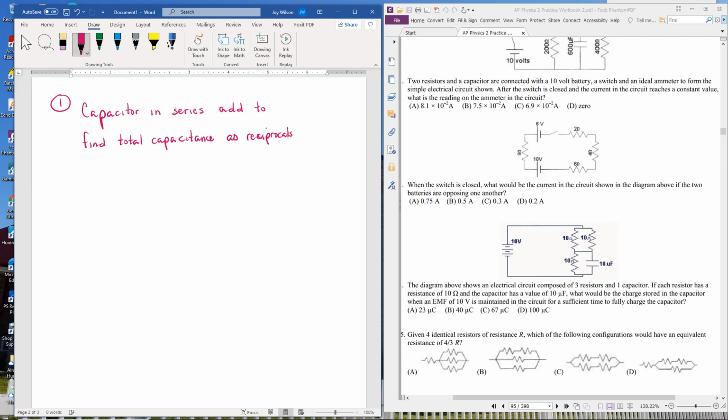Which is exactly the opposite of what a resistor does. So if you have a series circuit, the total capacitance is equal to 1 over capacitor 1 plus 1 over capacitor 2 plus 1 over 3 and so forth.